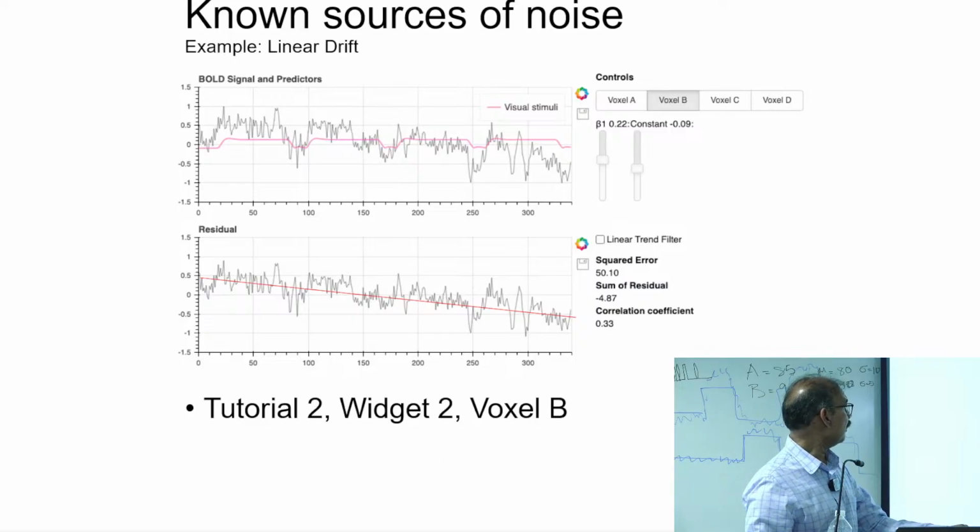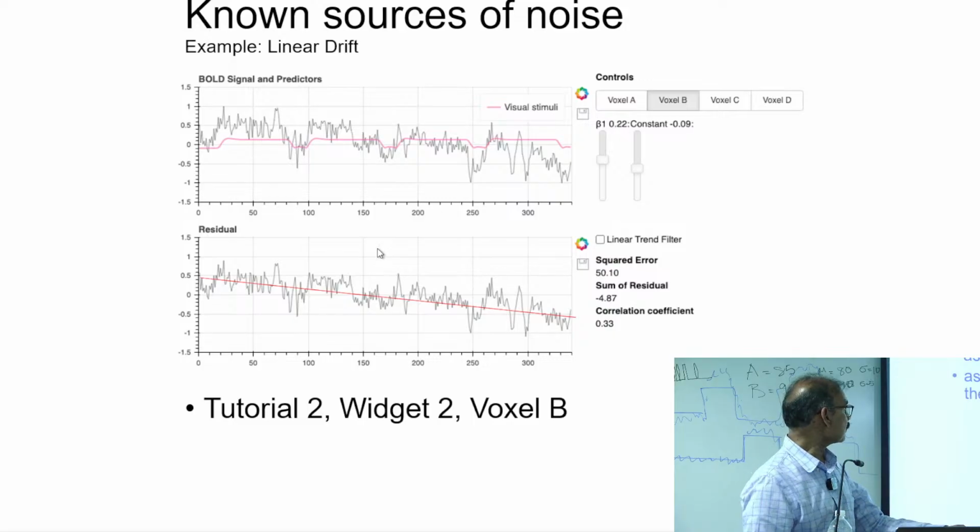You can have a stimulus like this, but if you look at it, there is a trend, right? And one way we can address it is by saying that, okay, there is a linear trend and we are going to remove the linear trend, right?